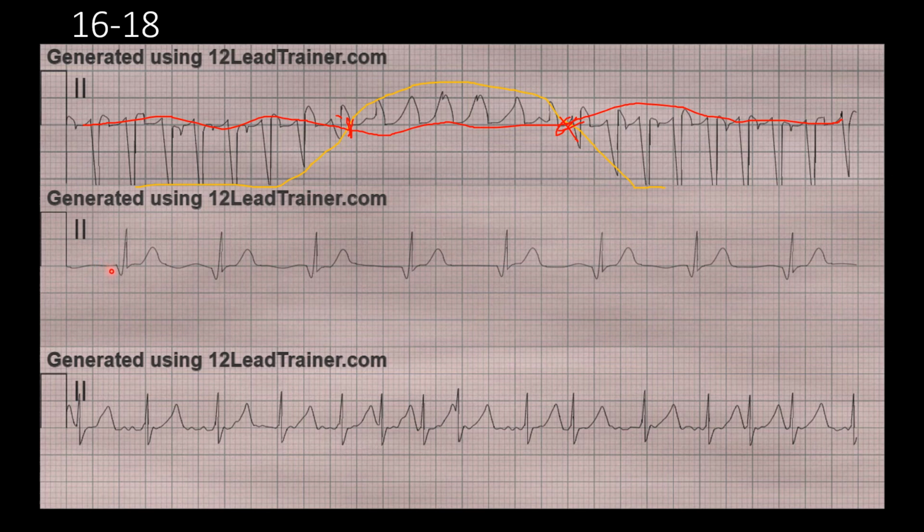So checking our PRI, it is short. Our PRI on this is about maybe 0.08 or just over 0.04. So we have a short PRI. Our QRS complex is about 0.04, so it's narrow, so it's not coming from the ventricles. So it'd be above that.